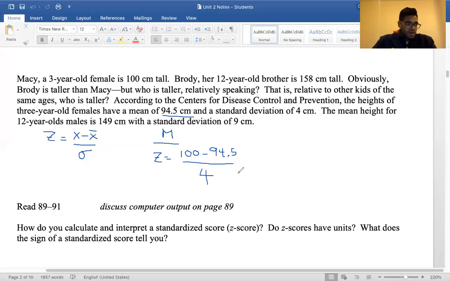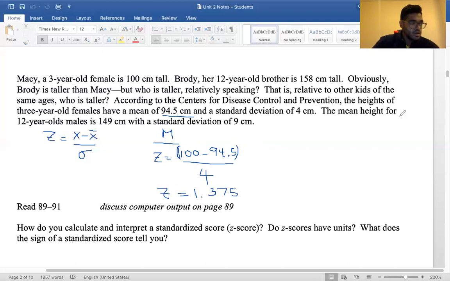Now we're just going to our calculator. If you type this all out, doing the top part first in parentheses, you get z equals 1.375. So that's her z score.